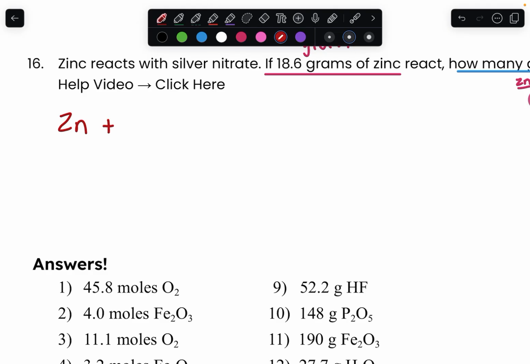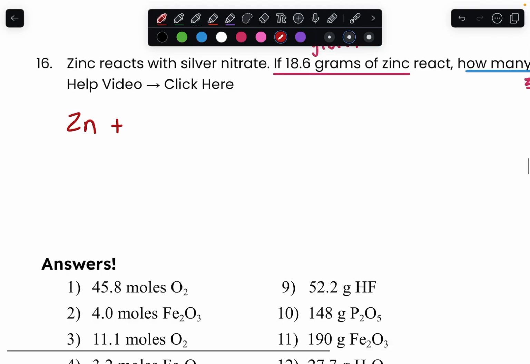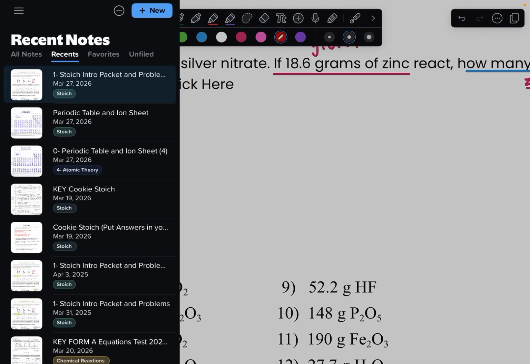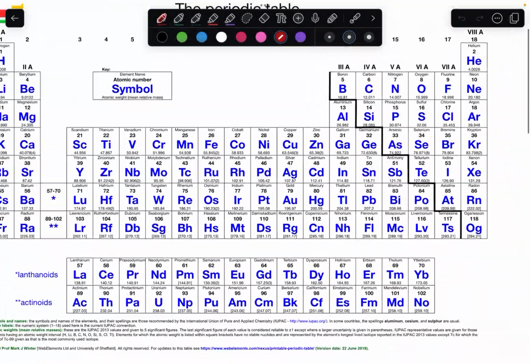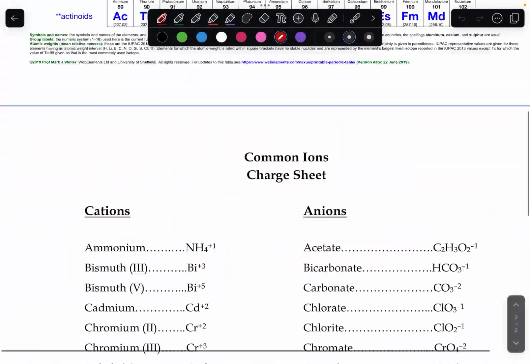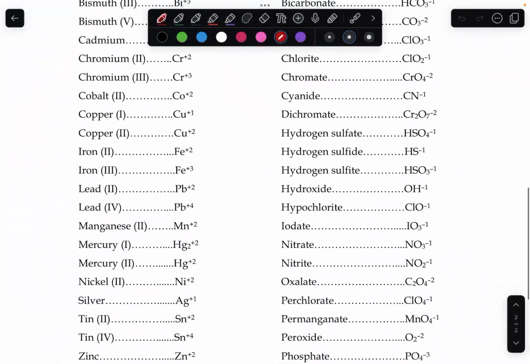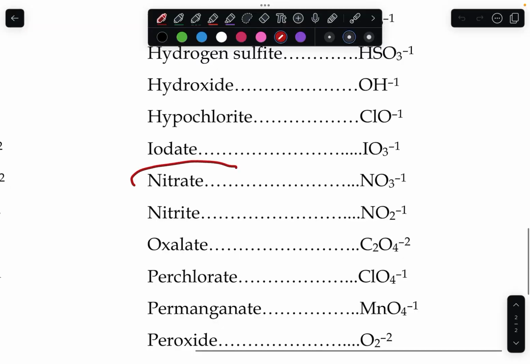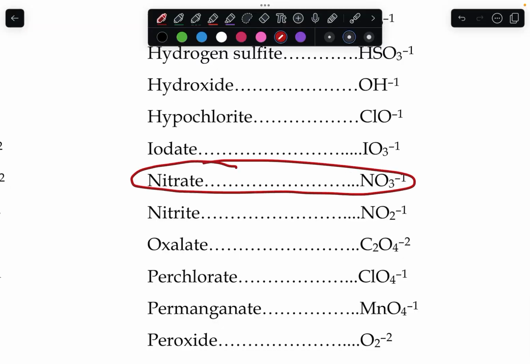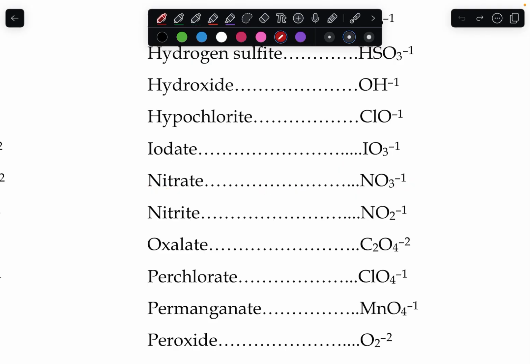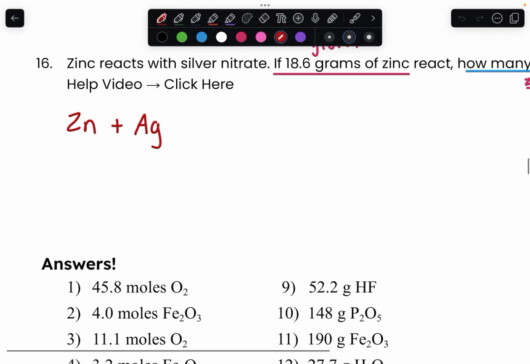Silver nitrate, we might need to consult a periodic table to figure out what that formula is. I know off the top of my head that silver is at least Ag. Now, nitrate ends in ATE, and that means it comes from the back of your periodic table here on your common ion sheet. Nitrate's chemical formula is NO3 minus 1.